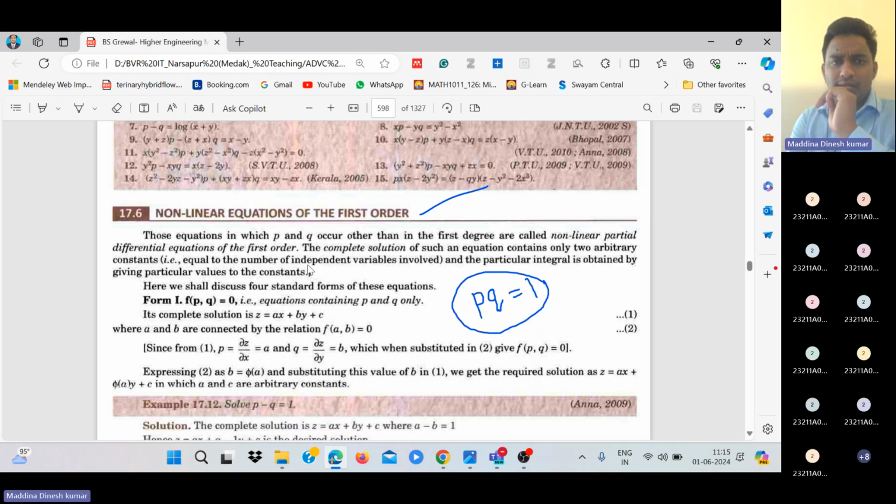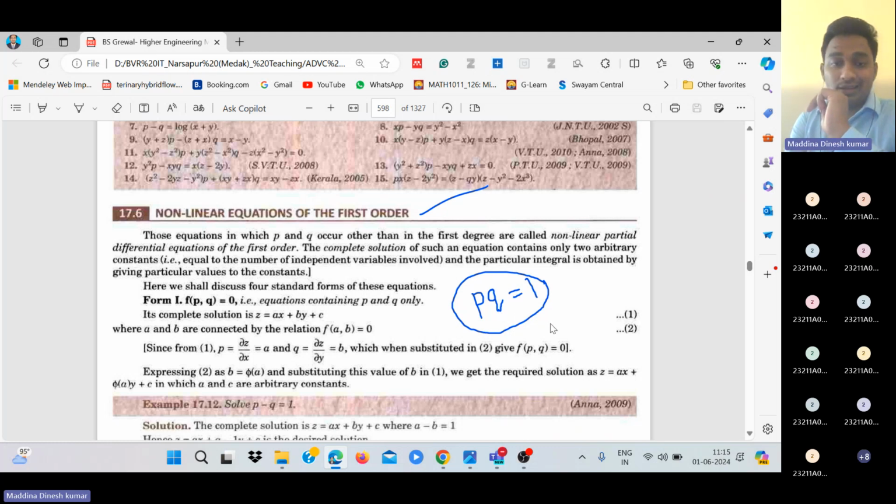So you already know that if in an equation, in a product or as a coefficient, the dependent variable is there, we call it a non-linear equation.